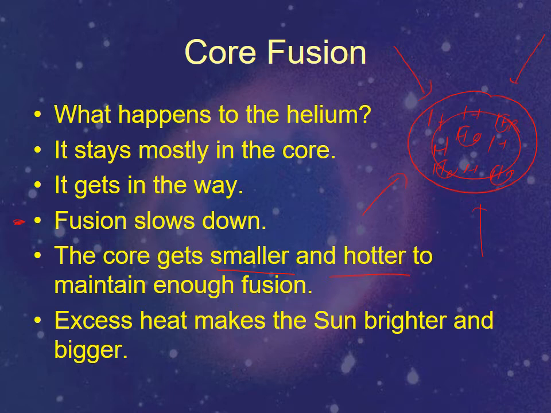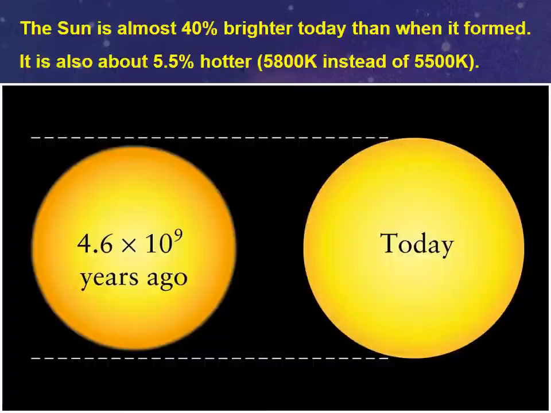That heat has to get out somehow, and so the sun gets a little bit brighter and slightly larger. Today, the sun is nearly 40% brighter than it was when it formed. It's a little over 5% hotter than it was when it formed. So the sun is gradually getting brighter and hotter.